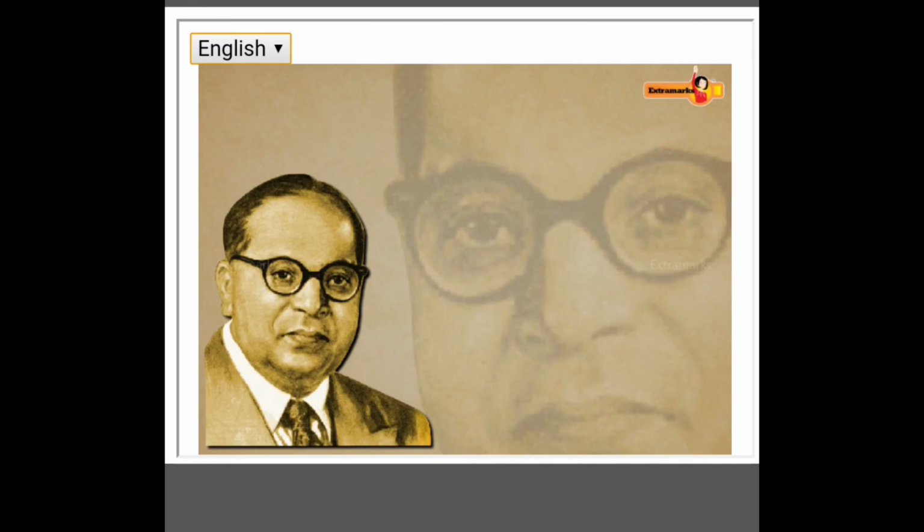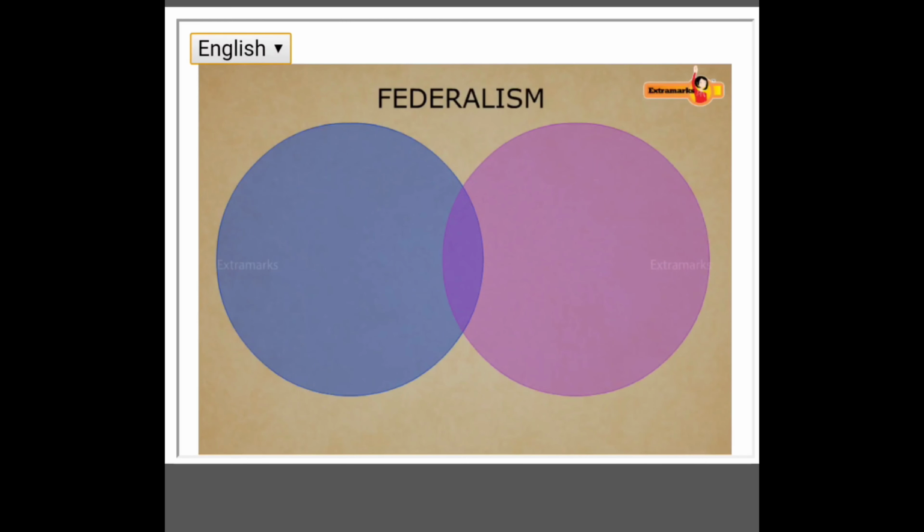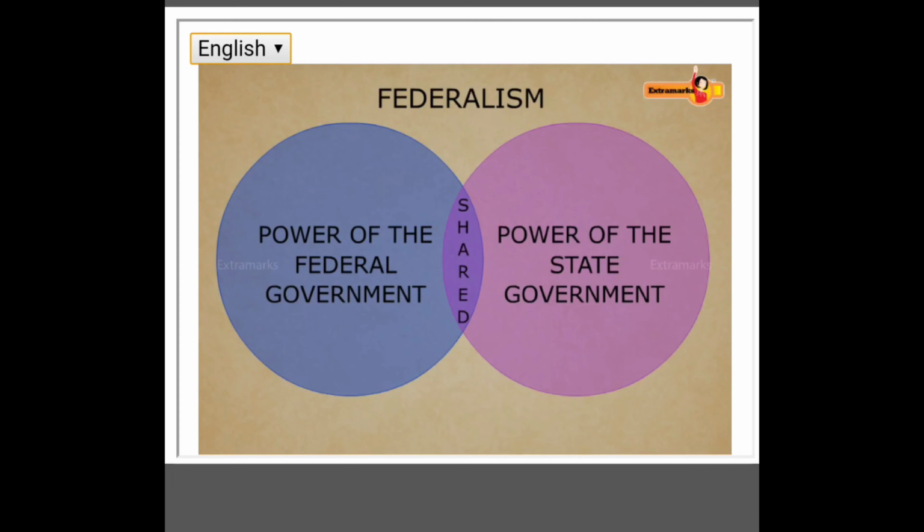The framers of the Indian Constitution were aware of the historical background of India and the special needs of India, and they framed the constitution according to the changing needs of the dynamic society. India is a typical federation, and the functions and finances between the union and states have been constitutionally demarcated.